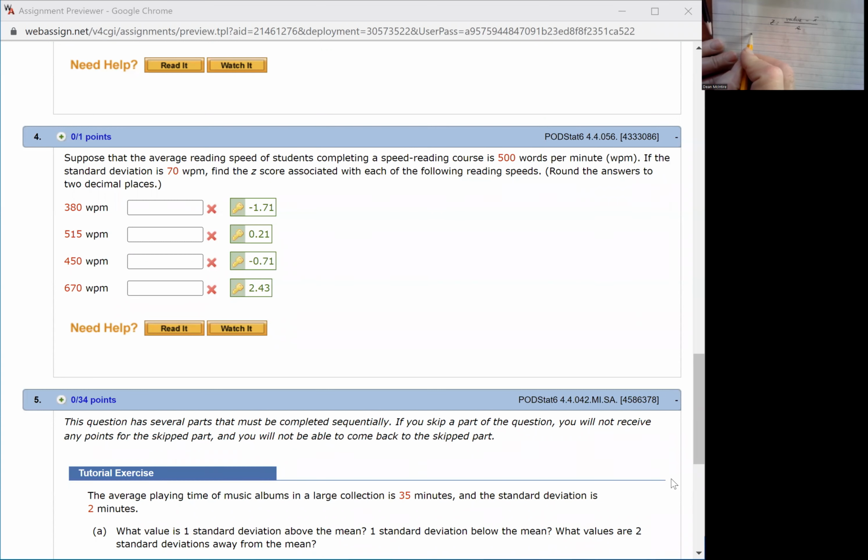So we'll say 380, or 515, or 450, or 670.